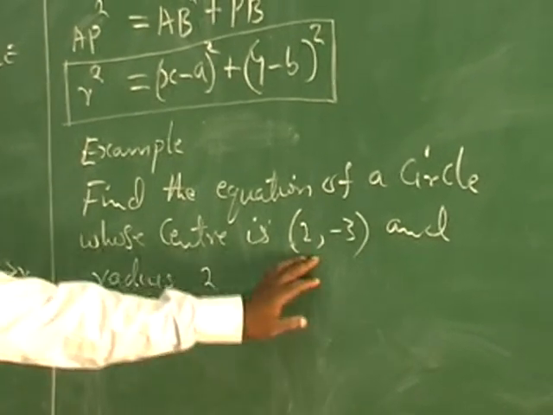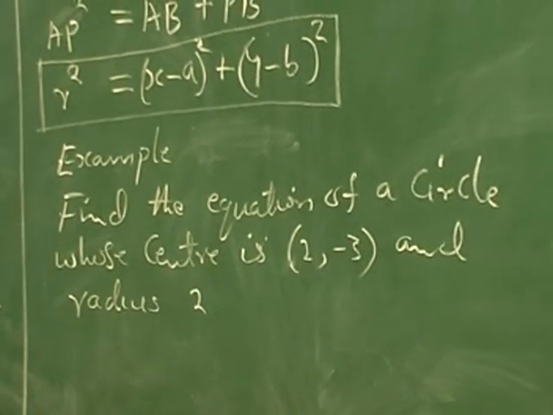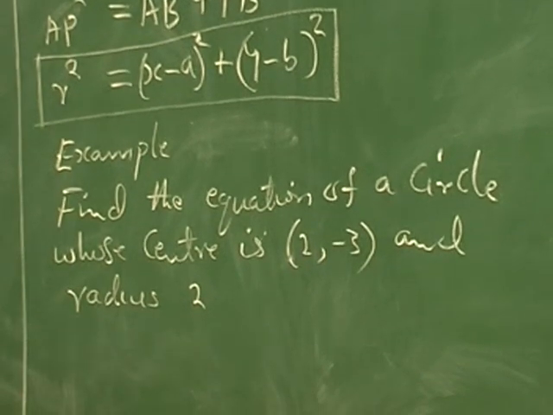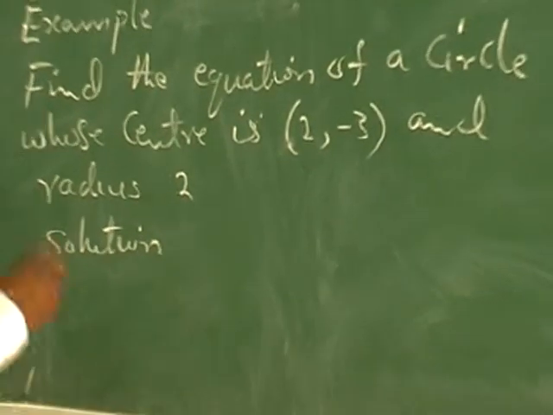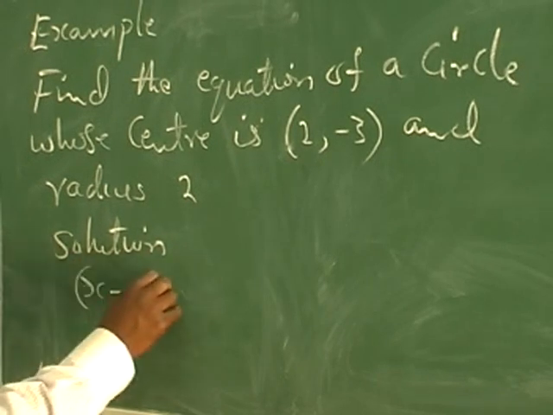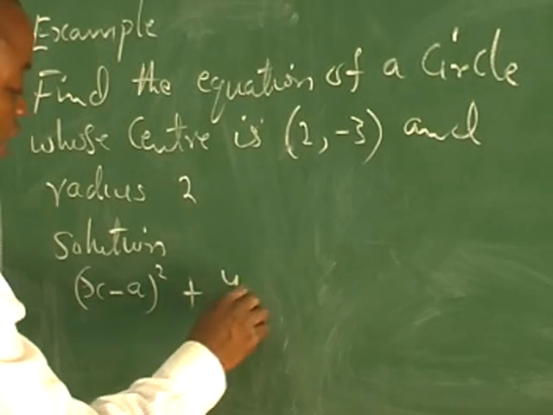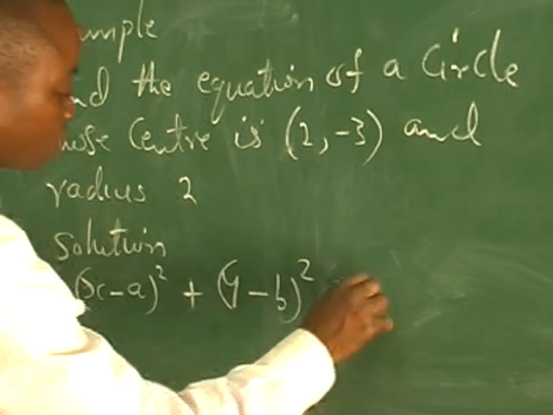The coordinate of the center is 2 and minus 3 and the radius is 2. So if we are asked to find the equation of this circle, we take the solution in this way. The equation of the circle is given by x minus a squared plus y minus b squared is equal to r squared.